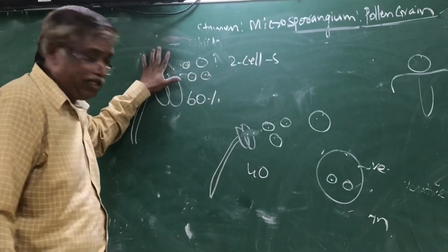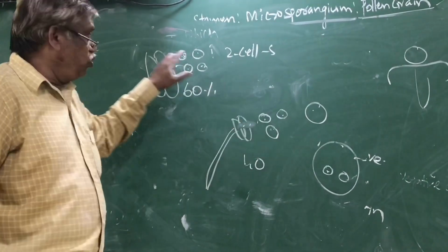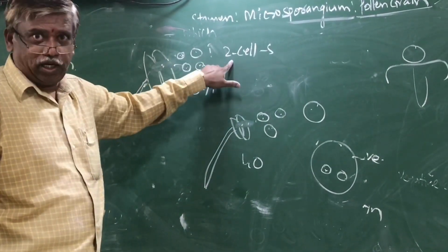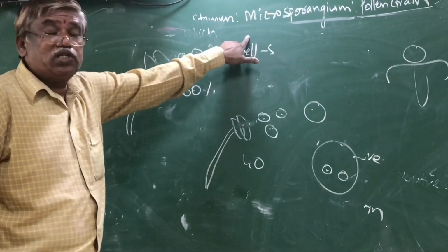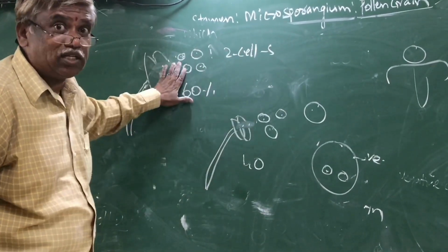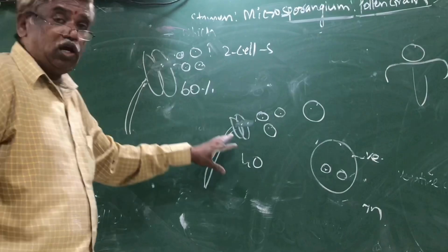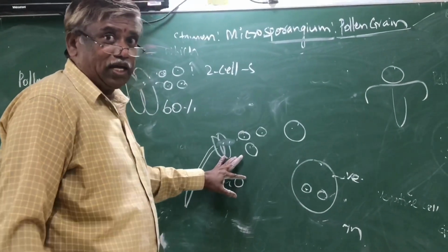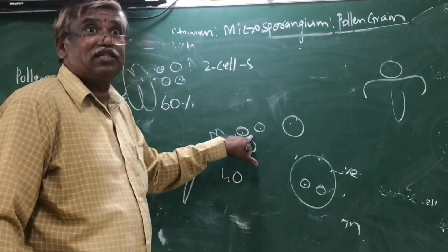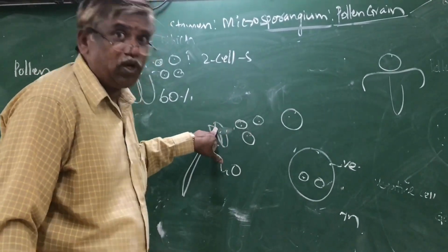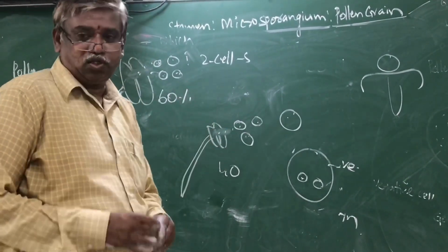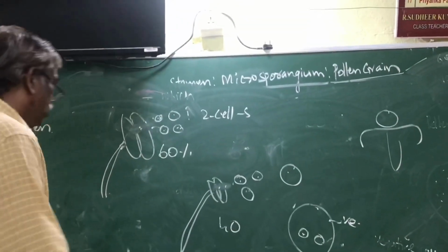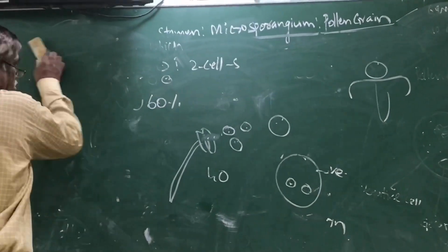It is dehiscent, and it is also dehiscent. During dehiscence, the pollen grains are two-celled: vegetative cell and generative cell. That is 60%. In the other 40%, the pollen grain is three-celled at the time of dehiscence. These are the differences.